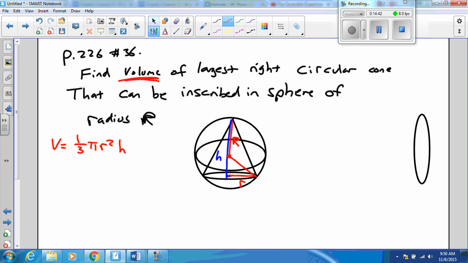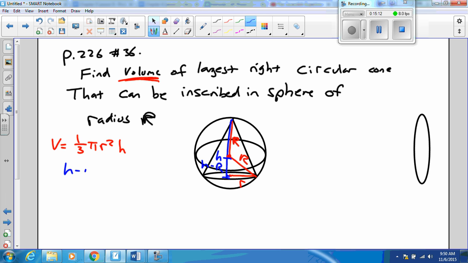And in particular, from right here in the center down to the sphere, I have a radius of big R. And now I can do the Pythagorean theorem if I simply identify the length of this side. What is the length of that side right there? Yeah, it's h, take away the radius r.